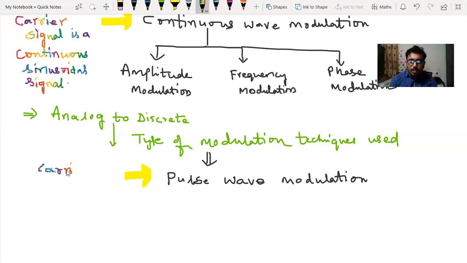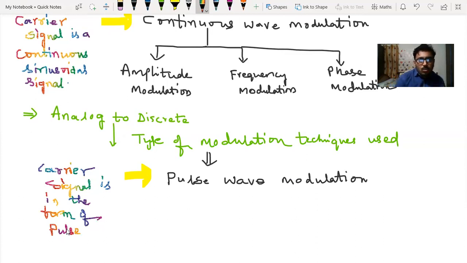The carrier signal that we are using is in the form of a pulse.